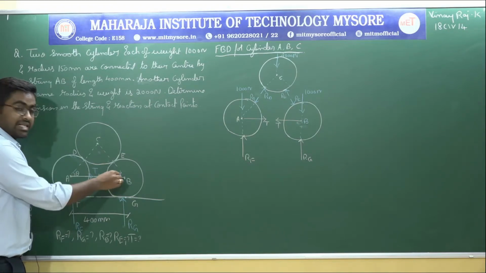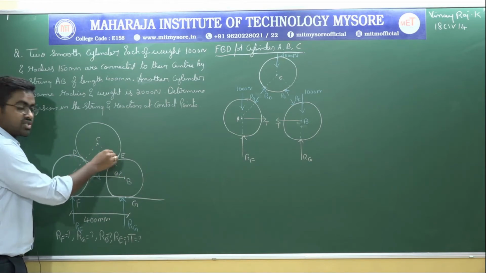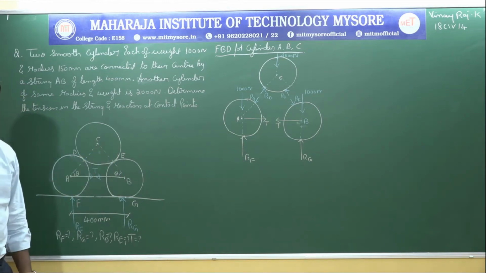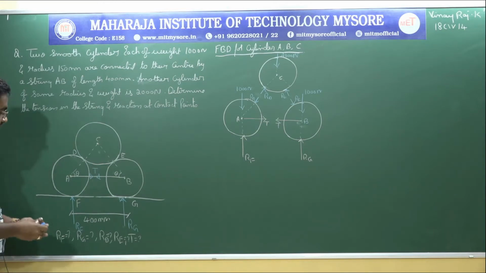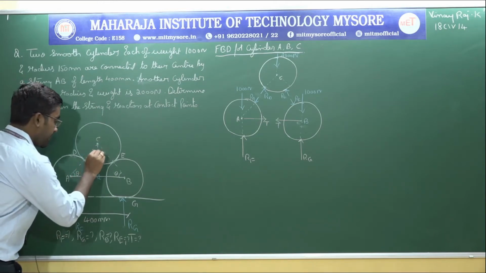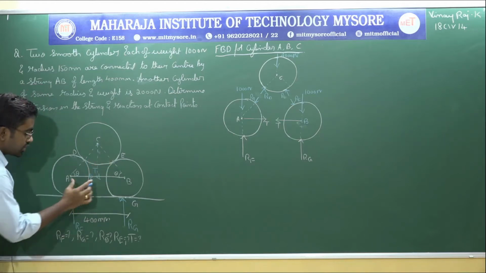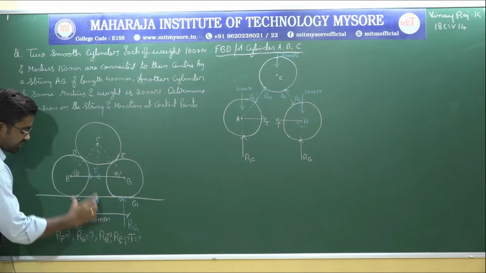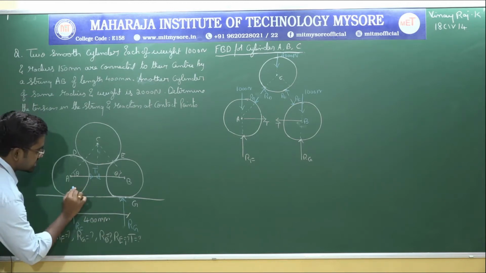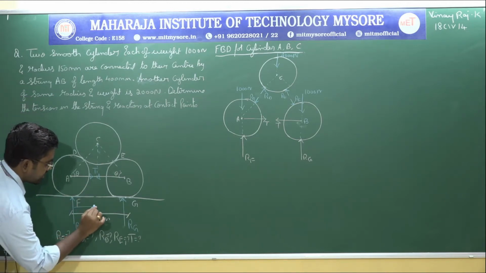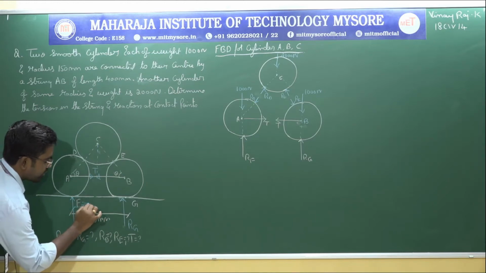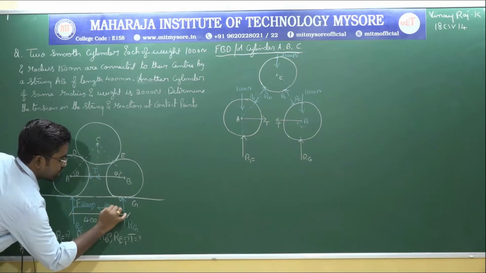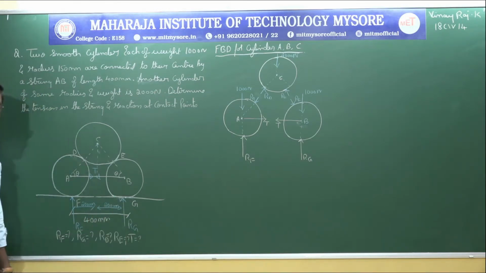So these 2 angles are equal. 2 sides of the triangle are equal, that means it is the isosceles triangle. So in the isosceles triangle, if you drop a perpendicular like this, so the base of the triangle will be divided equally. If this is 400, this distance from here to here, it will be equal to 200 mm. From here to here, it will be equal to 200 mm.